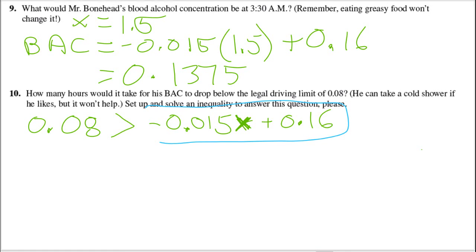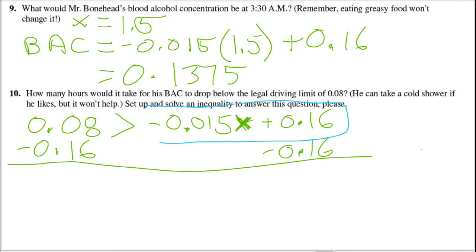If I have something added, I take it away. Minus 0.16. That 0.16 is in the way. I take it away from both sides. And you'll notice I'm going to end up with a negative 0.08.